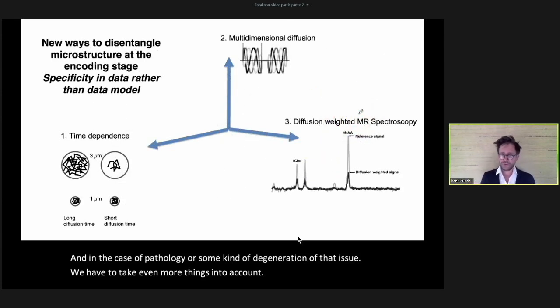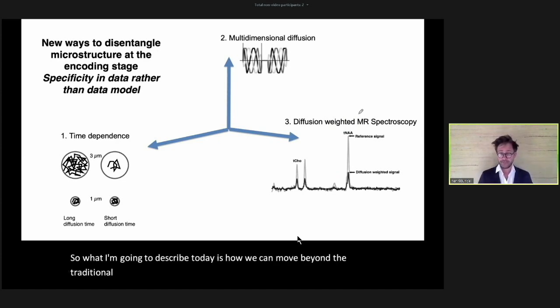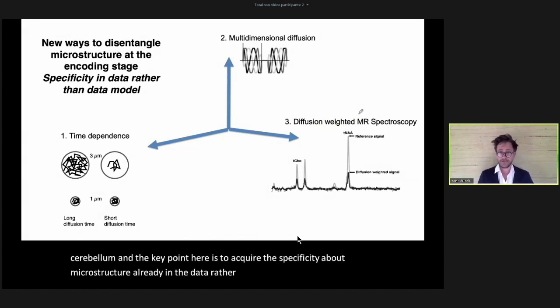So what I'm going to describe today is how we can move beyond the traditional diffusion measurement to examine the microstructure of the cerebellum. And the key point here is to acquire the specificity about microstructure already in the data rather than in the data modeling afterwards. And I'm going to talk about three different approaches.